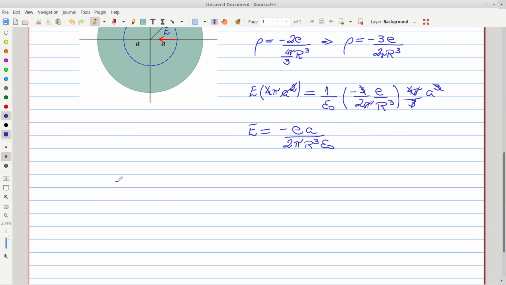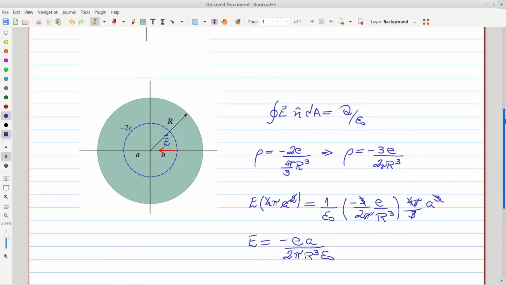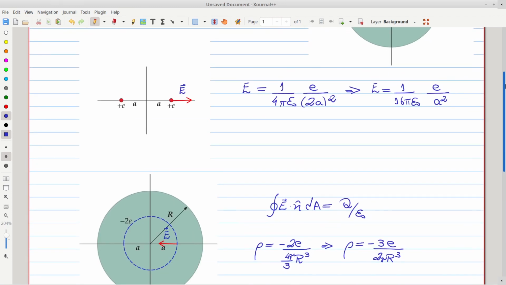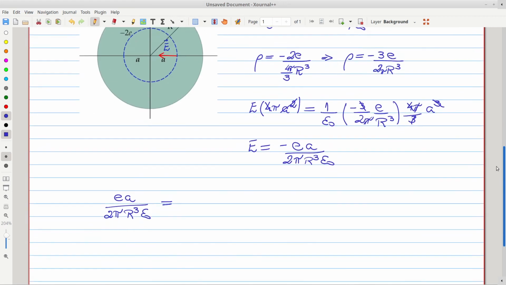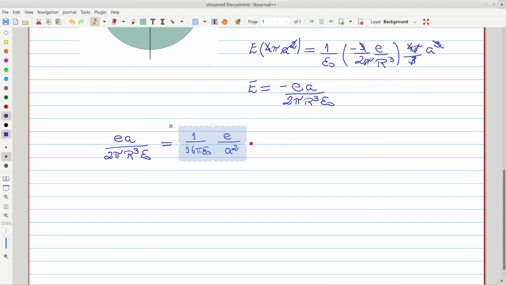So e a divided by 2 pi r to the third epsilon 0 must be equal to 1 divided by 16 pi epsilon 0 e divided by a squared, let's copy this here.